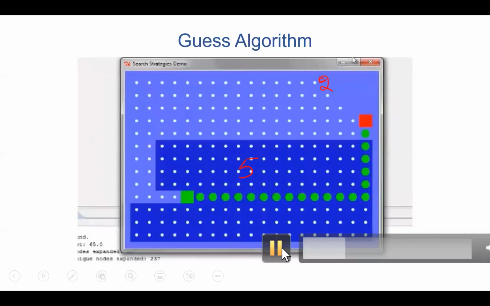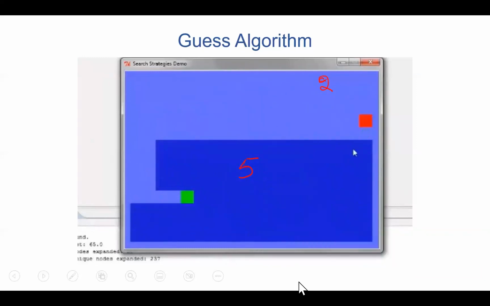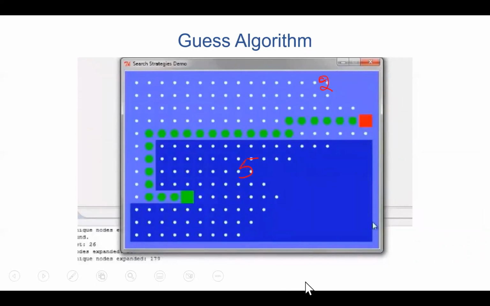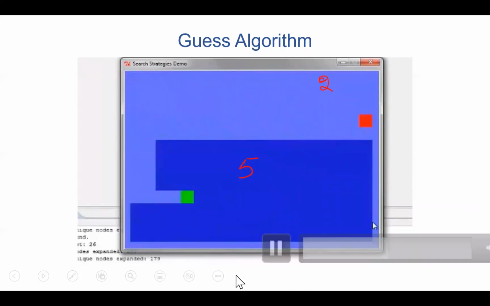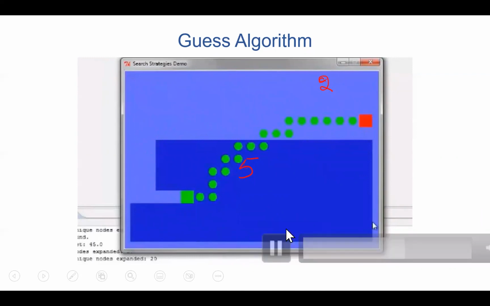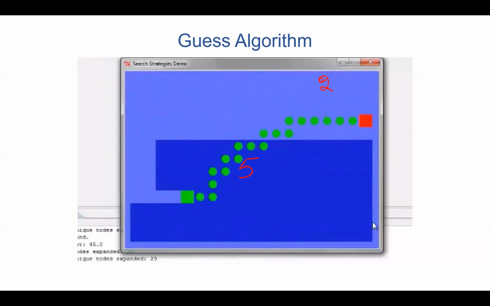What do you think is this algorithm? UCS, right? How about this? A star will not go through the deep water. Greedy is telling you just go through the deep water too. All it's looking at is finding the next node that is closer to the goal.